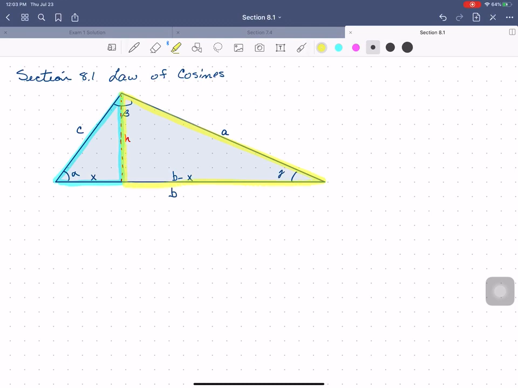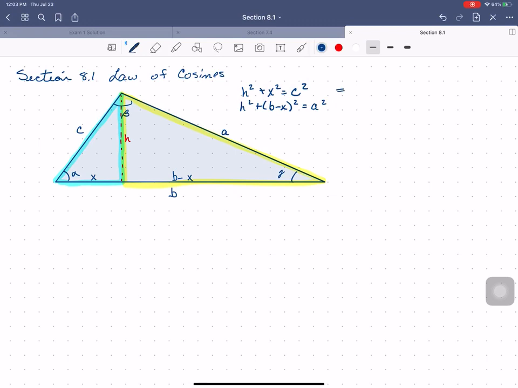And these are two right triangles that share a vertical leg. So we know from the Pythagorean theorem that h squared plus x squared equals c squared, and that h squared plus (b minus x) squared equals a squared. Now I can solve both of these for h squared.